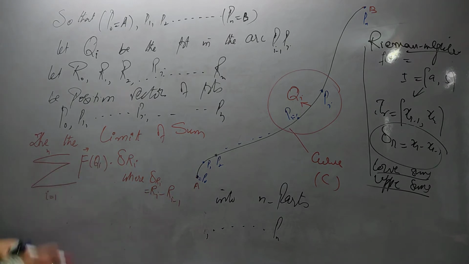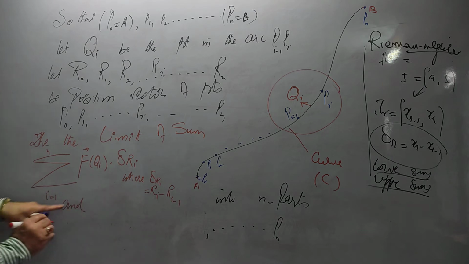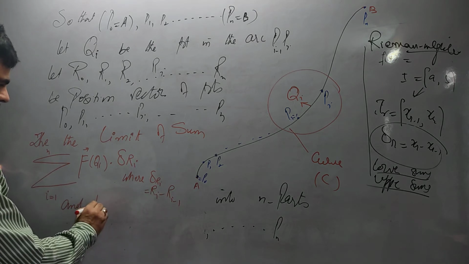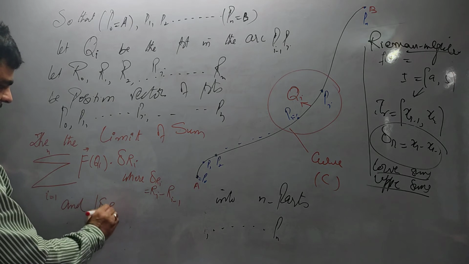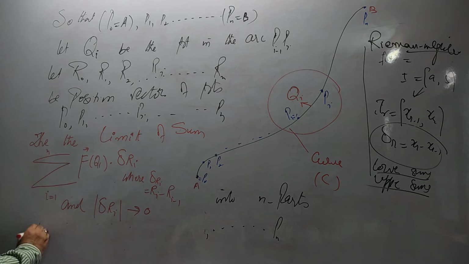It stands for the position vector of Pi minus ri minus 1. And the absolute value of delta ri tends to 0 when n tends to infinity. This is actually the limit of the sum.